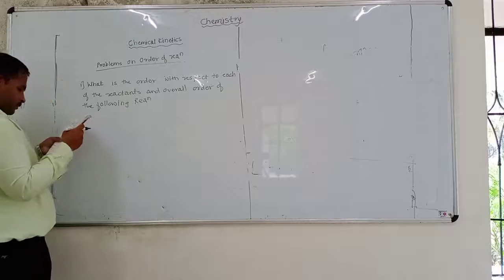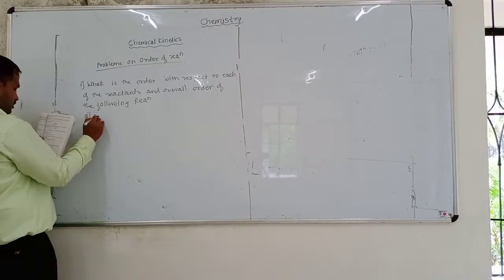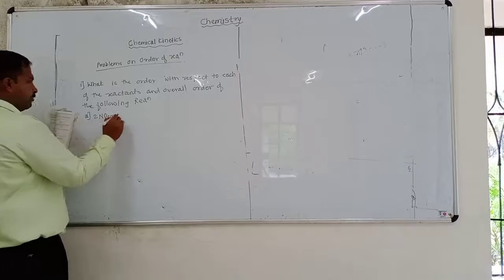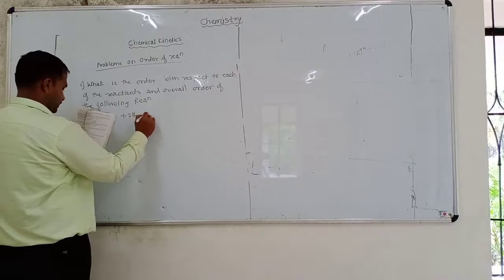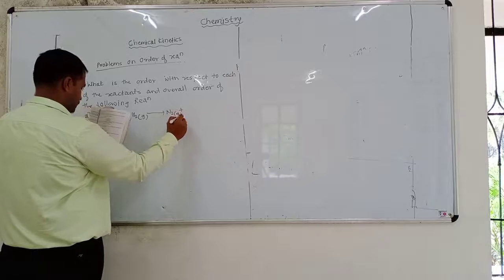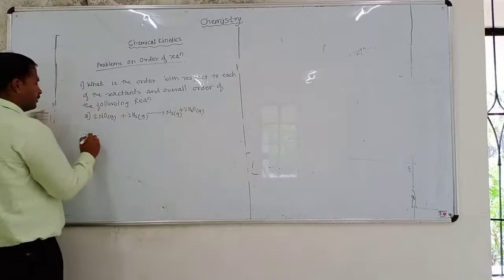Okay, first equation: twice NO gaseous plus twice H2 gaseous is equal to N2 gaseous plus twice H2O gaseous.